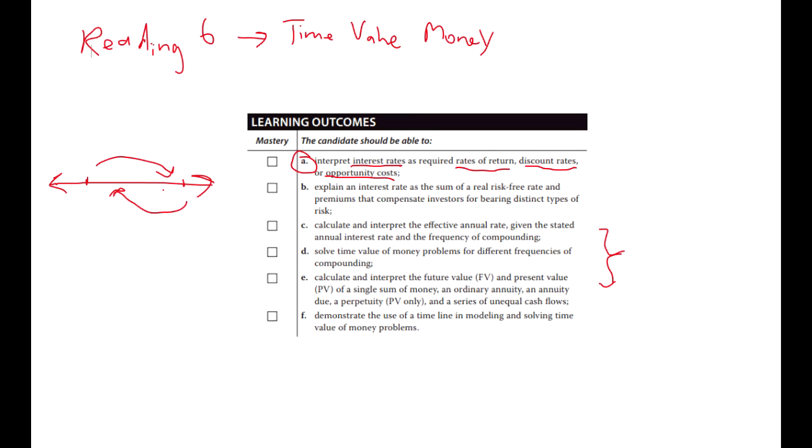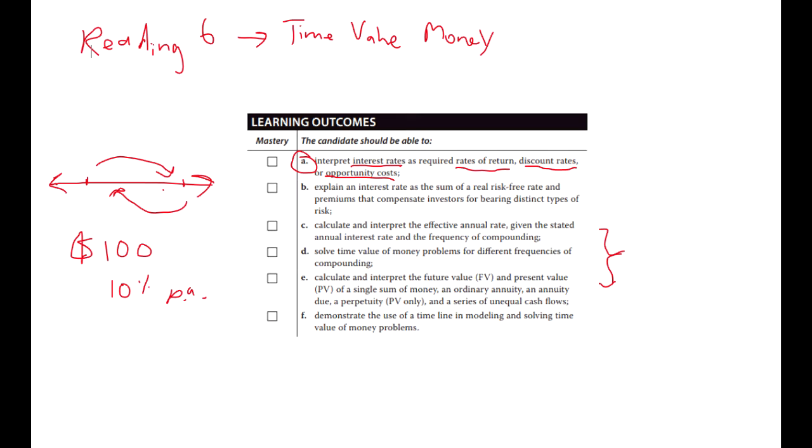So the interest rate: if I put my money in the bank, if I put $100 in the bank, I might receive some interest. At the moment, this probably isn't very realistic, but let's say I received 10% interest per annum, or per year.